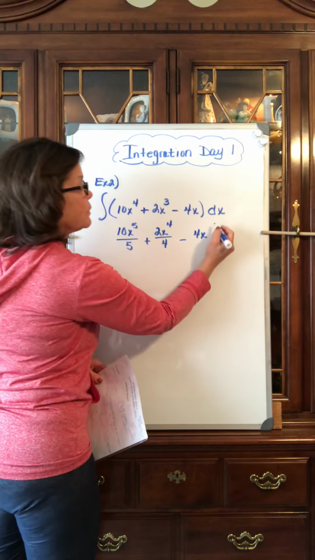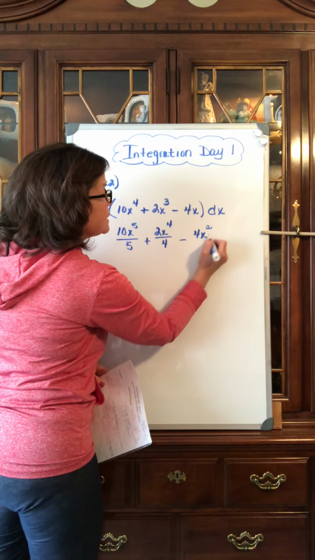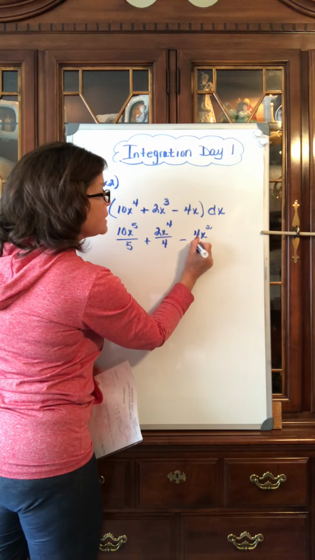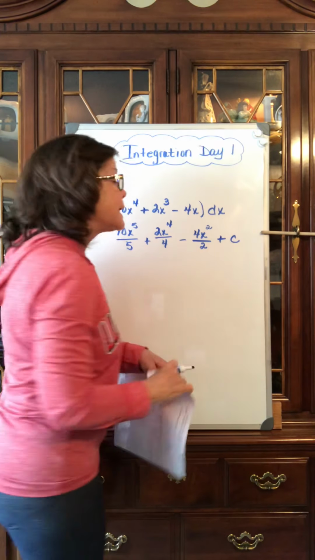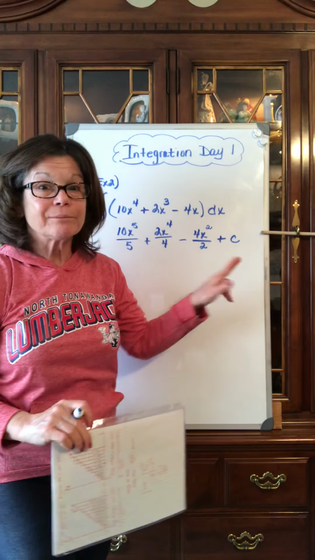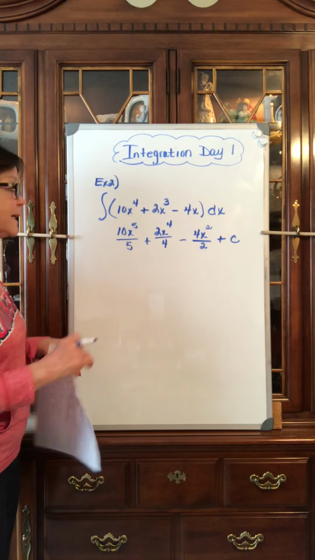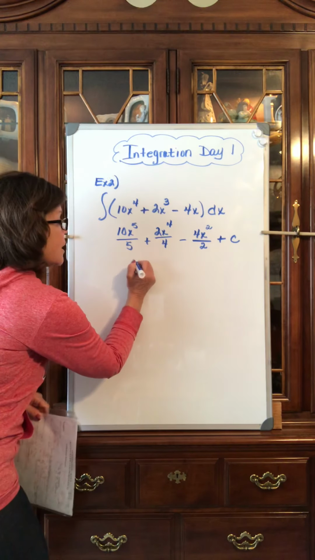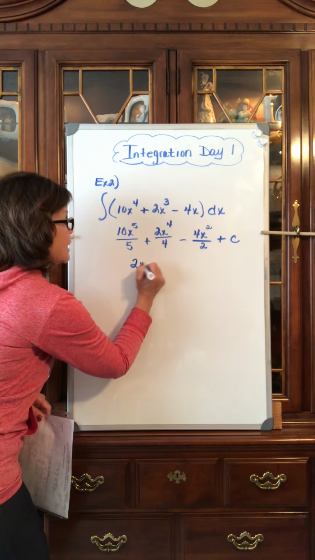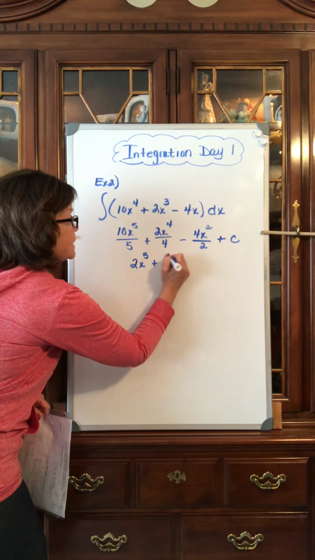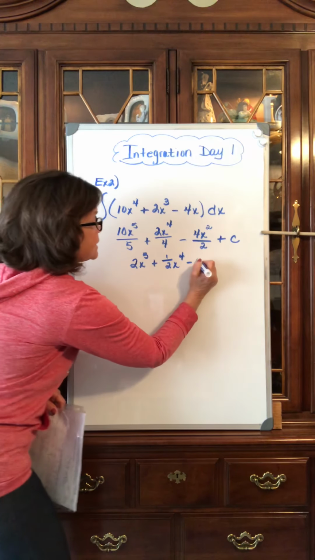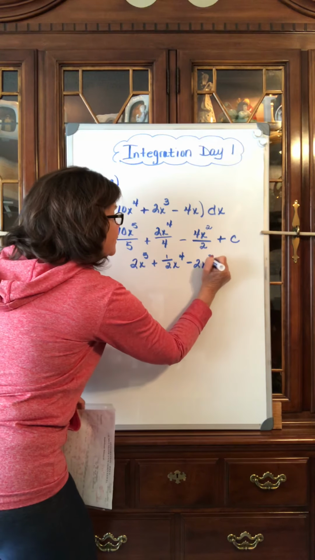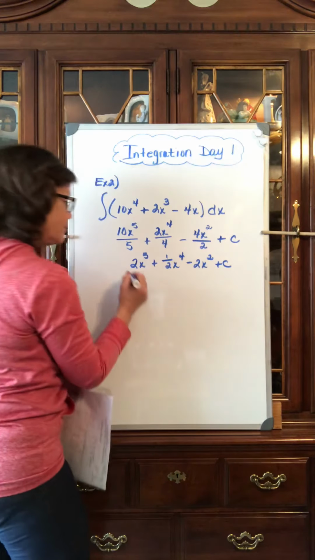This has an exponent of 1, so we're going to bring it up by 1, exponent of 2, divide by your new exponent of 2, plus a possible constant in our original function, and then just clean it up. So our indefinite integral will be 2x raised to the 5th plus 1/2 x raised to the 4th minus 2x squared plus c.